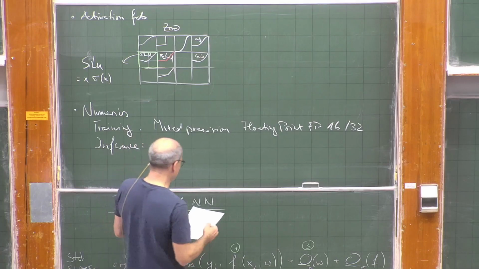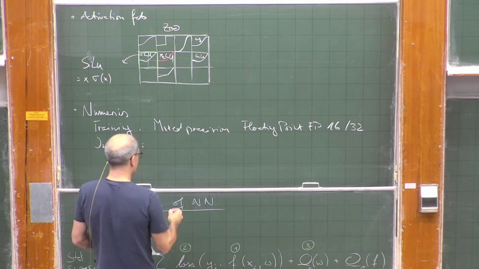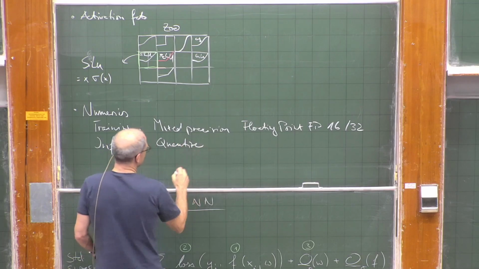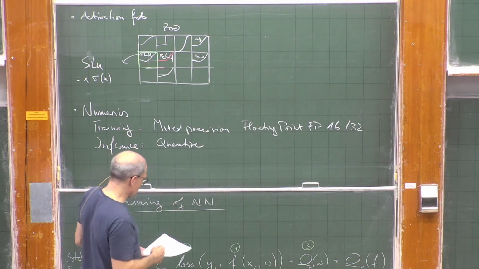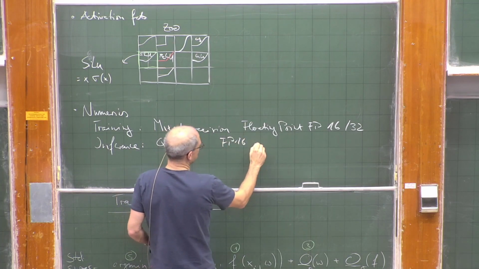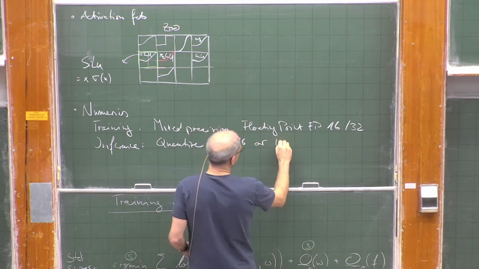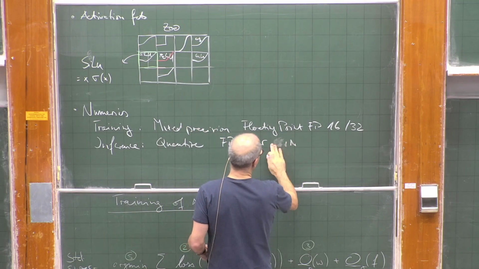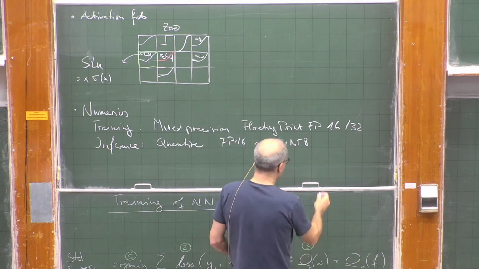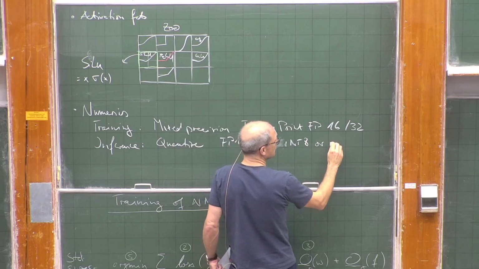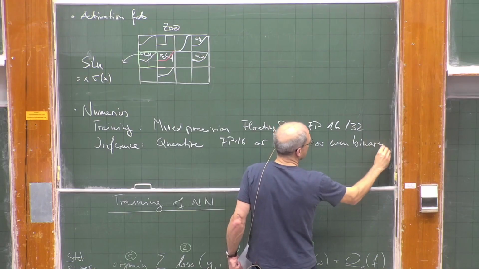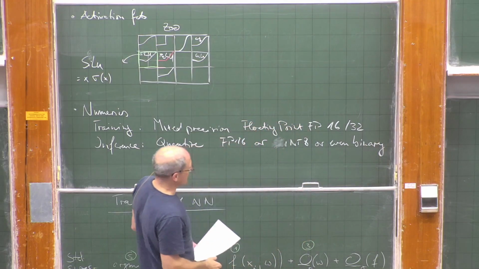At inference time, when errors matter less, you can quantize the neural network and use maybe FP16 or even only integer like int8, or in the most extreme case to just use binary weights.